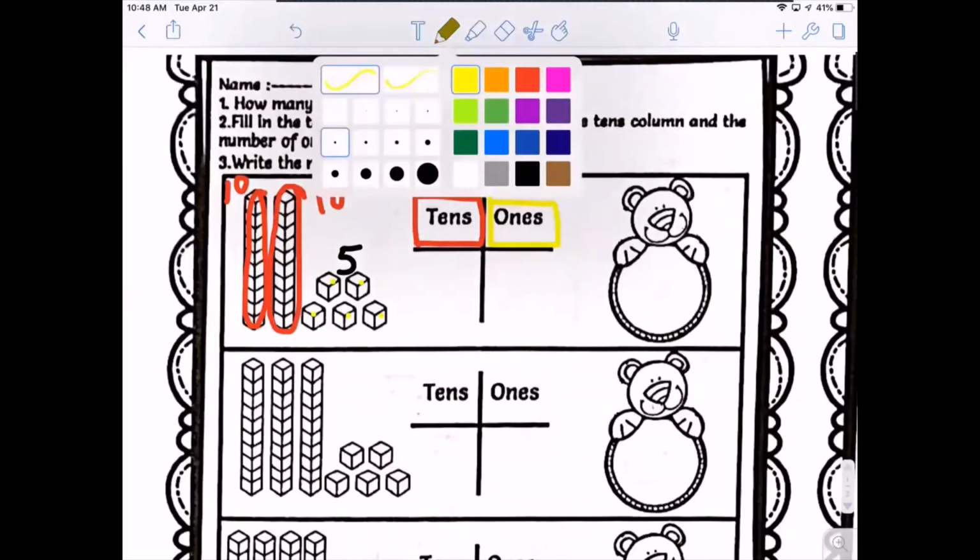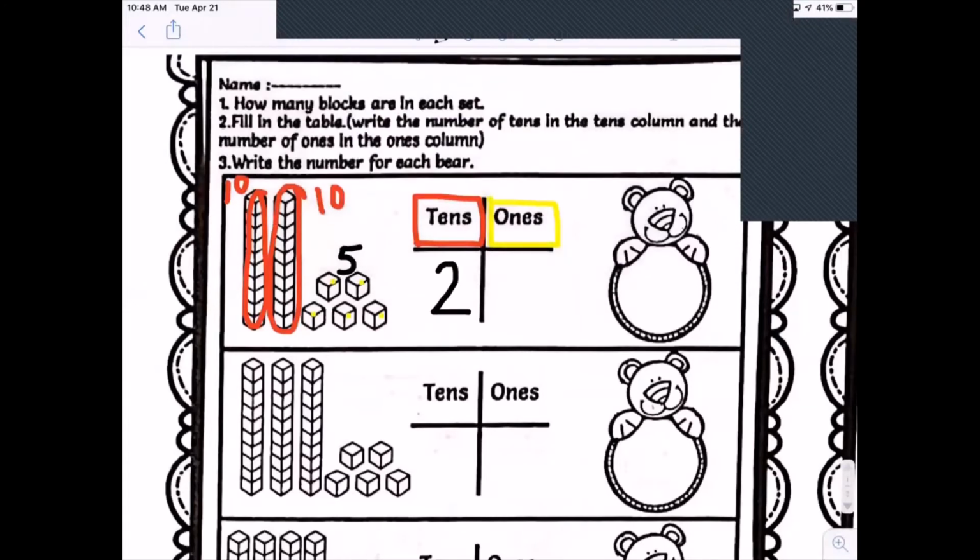Okay. So how many groups of 10 do I have? 2. So I write 2 groups of 10 because this is 1, 2. I have 2 groups of 10. Now how many ones do I have? 5. Okay.